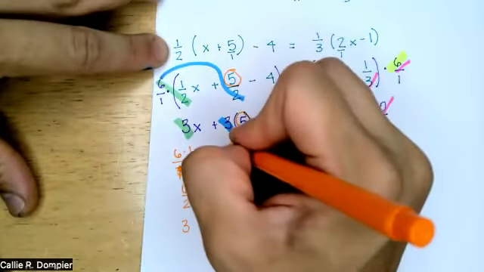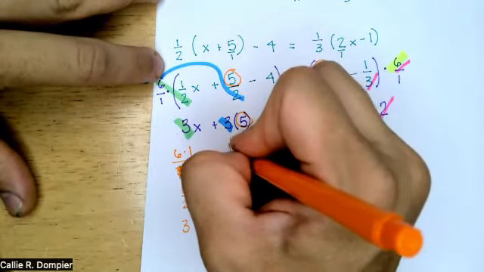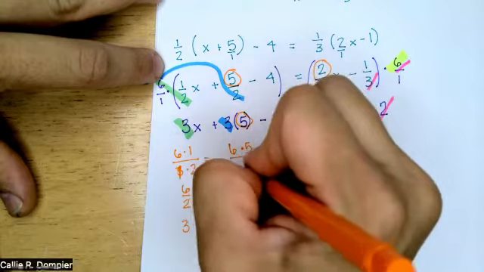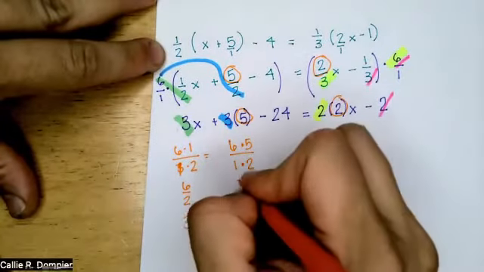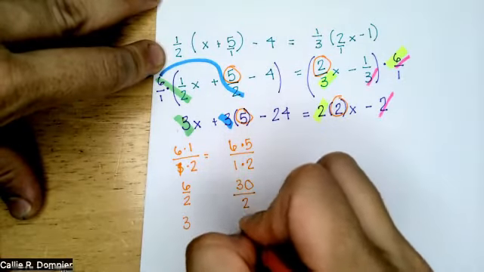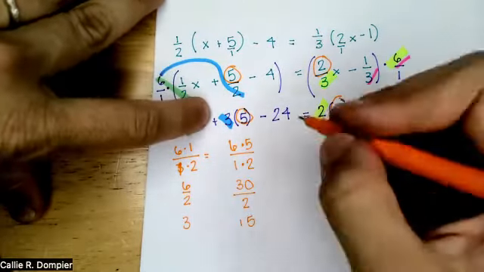Here it would be 1/6 times 5 over 1 times 2. 6 times 5 becomes 30 over 2, which becomes 15, which is 3 times 5.